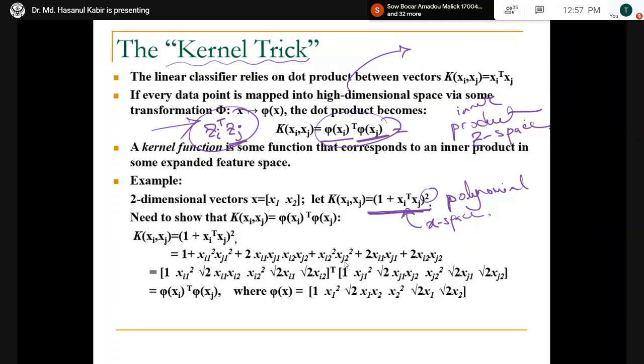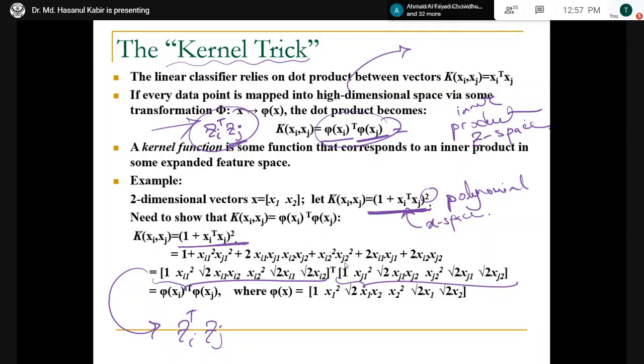If I do the expansion of this particular equation mathematically, you can do factorization and you end up with a factor of this multiplied by that. So basically it gives you Z transpose Z. Can you see that?